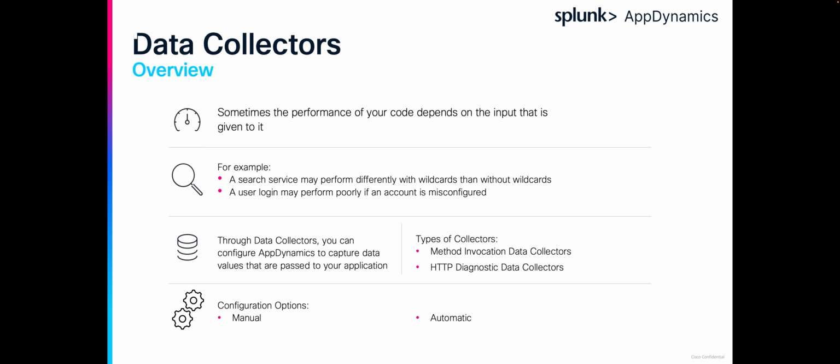But if you don't have access to that, or if you just want to get there faster, if you start having data collectors, then you would be able to start doing searches and start understanding the correlation of certain values that are put in and how it affects your overall application, and therefore how it is affecting the business. And now you can grab this information from what customers are putting in, or what kind of values are being expected but not being fulfilled.